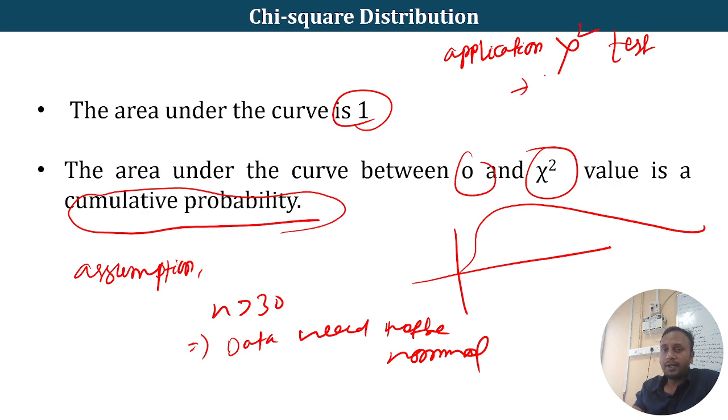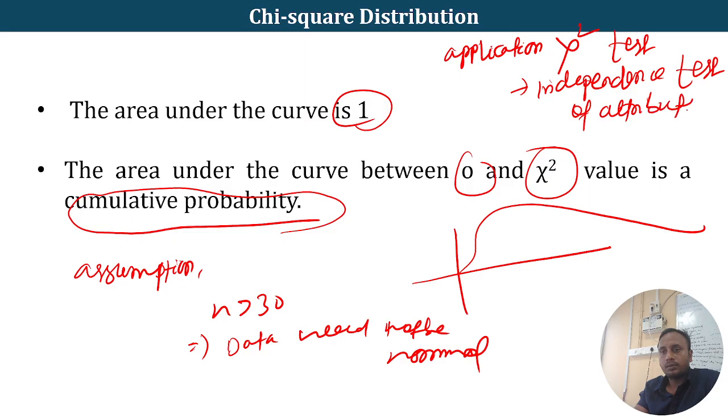The first is independence of attributes. The second is the chi-square fitness test, and the third is the variance.